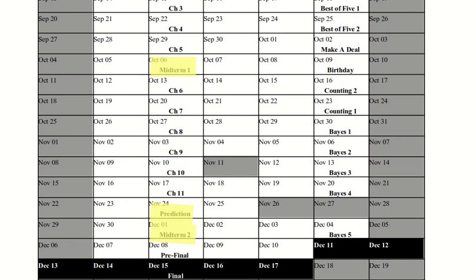The final itself is somewhat unusual. I'm sure you can tell from this that I have both a pre-final on December 8th and a final itself on December 15th. And there's a lot of reasons for that. One is that a final is a huge amount of the course in terms of the credit needed to pass. And that's stressful.